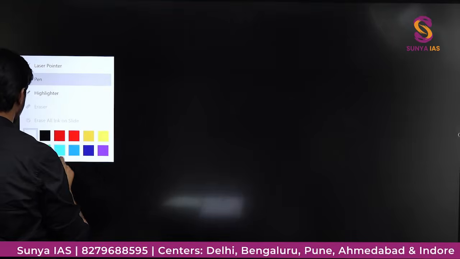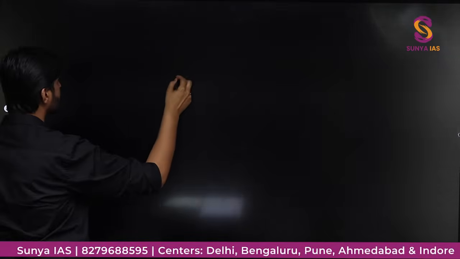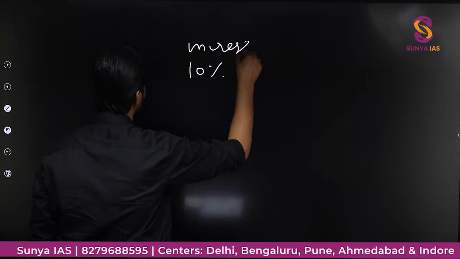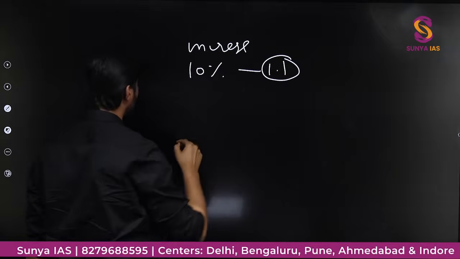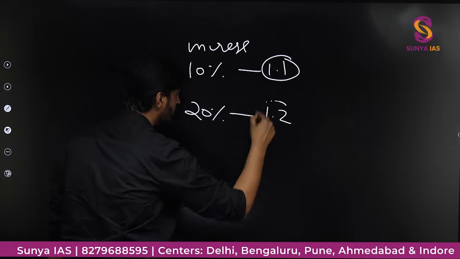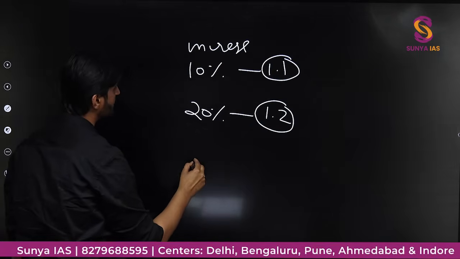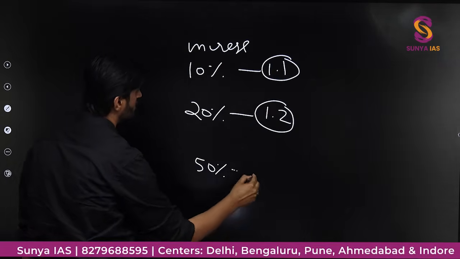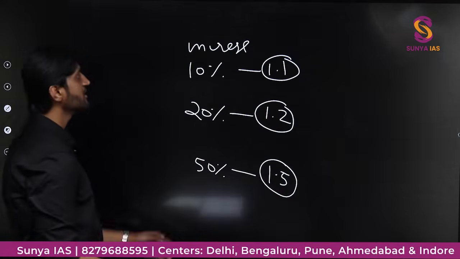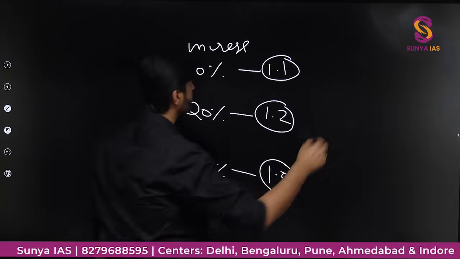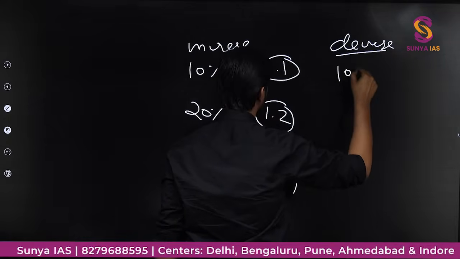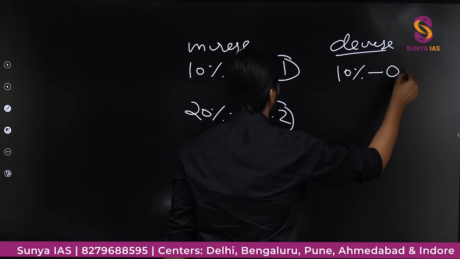Now, you've got the basic idea. If something is going to increase by 10%, you multiply with 1.1. If something is going to increase by 20%, you will multiply with 1.2 this time. If something is increasing by 50%, you will multiply it with 1.5. Similarly, if there is a decrease by 10%, you will multiply it with 0.9.